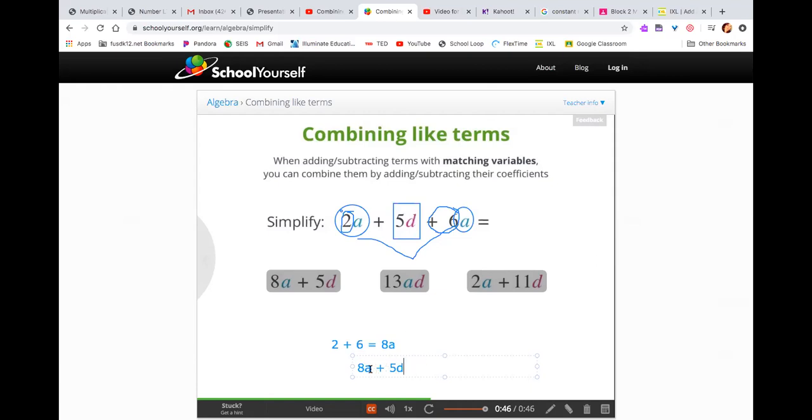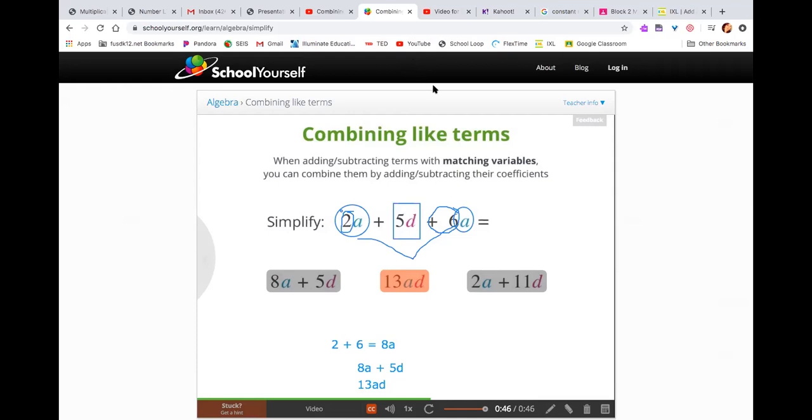Someone said yes. Would that be like the option on there that says 13 AD? Let's see what happens. Let's take a hint. Maybe it'll explain better than I am. Let me clear my drawings.